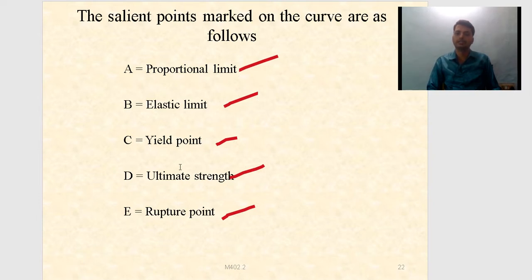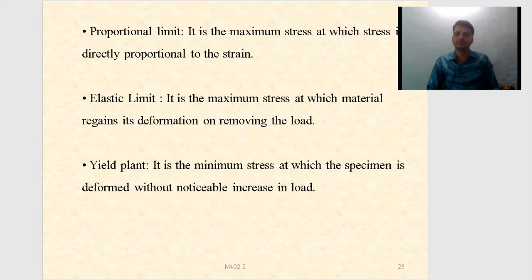Proportionality limit is the maximum stress at which stress is directly proportional to strain. Elastic limit is the maximum stress up to which the material, after the load is removed, comes back to its original position.